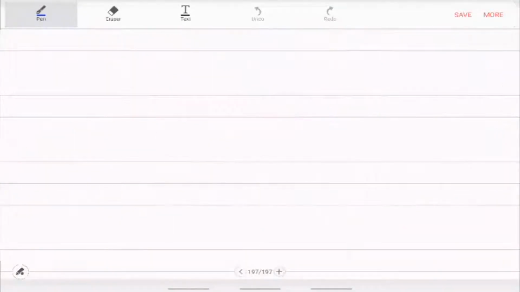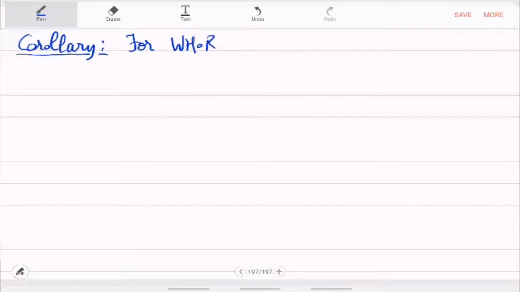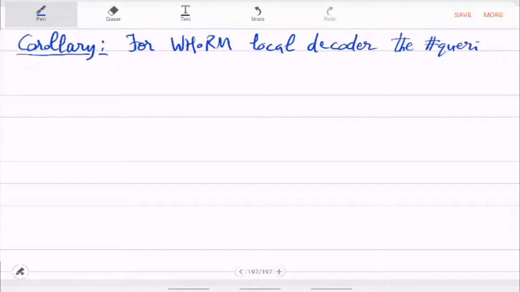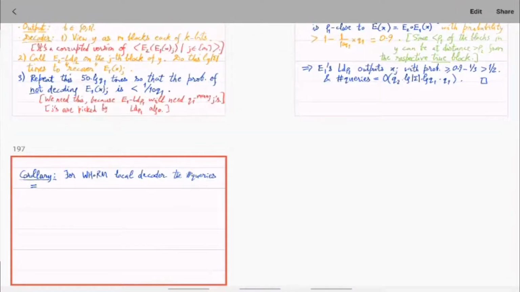And what this means for us, so for the Walsh-Hadamard, Reed-Muller local decoder, the number of queries is, sigma is the size of the field, which is also equal to the queries you make for Reed-Muller, which is Q1.